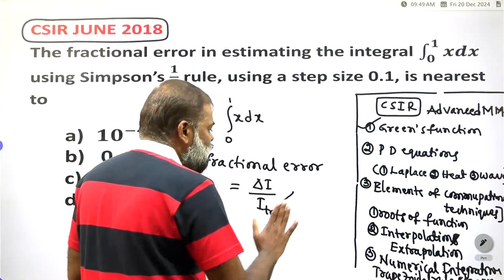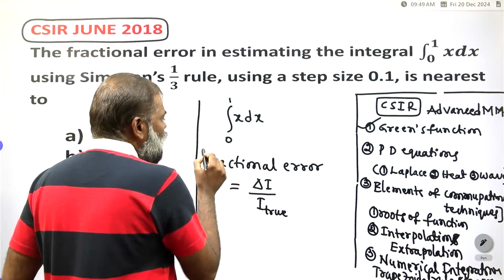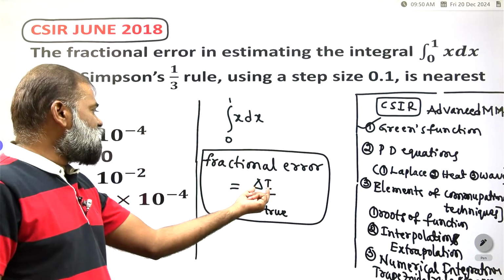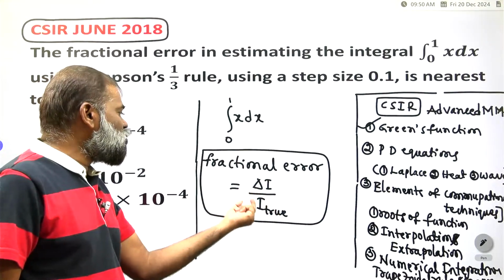If you want a percentage, multiply by 100. So the variation of the integral is divided by the true integral.